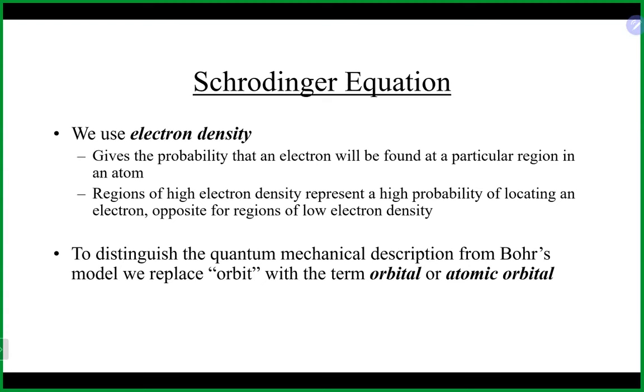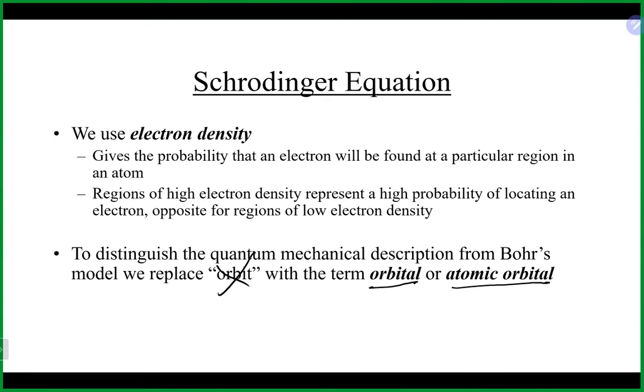So as we move away from Bohr's model, we really get rid of the idea of these nice, pretty orbits of where electrons are traveling, to this idea of what are referred to as orbitals, or atomic orbitals. And atomic orbitals, as we'll talk about, are really theoretical probability maps of where you can find electrons in an atom.